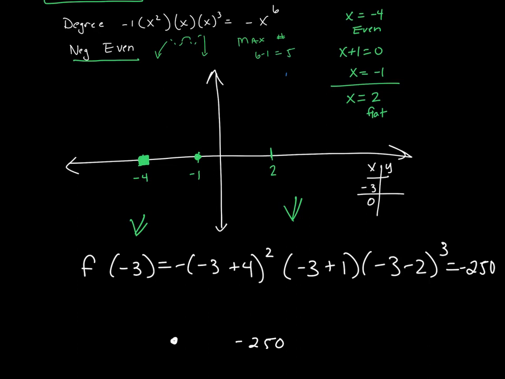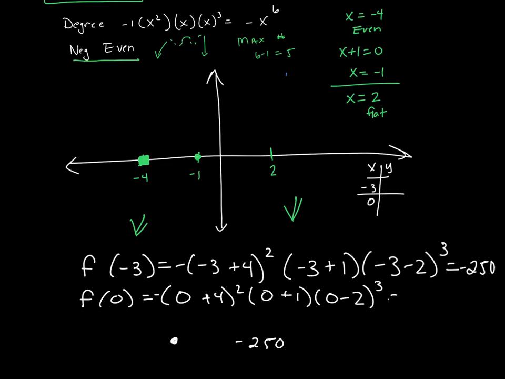The next one that we're going to do is f of 0, which is negative times 0 plus 4 squared times 0 plus 1 times 0 minus 2 to the third power, which is also hugely off my scale. That's going to be 120.